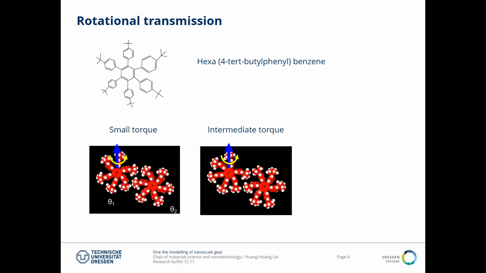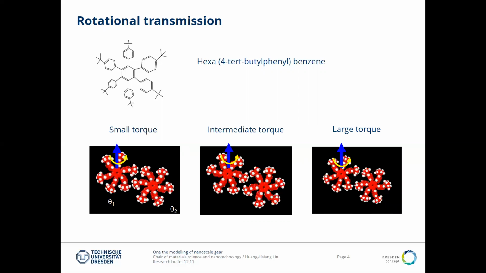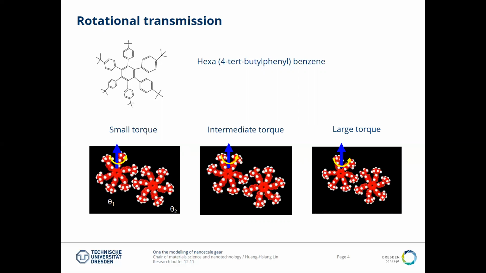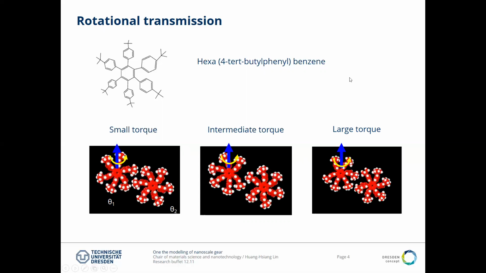And of course, if you apply an even larger torque, then we basically only see the single gear rotating, and the second gear cannot really follow. So this is the story about rotational transmissions.